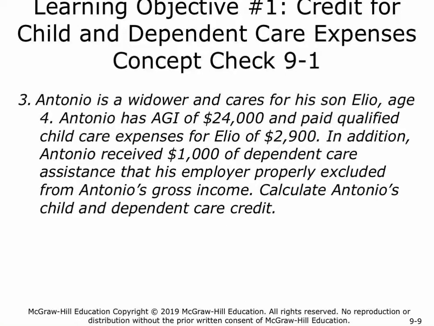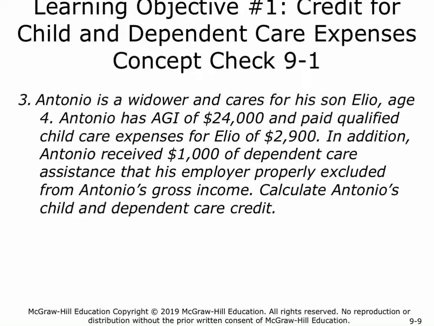So here with one dependent, the limit of $3,000 per child, or per dependent rather, would not apply because the expenses are under that amount. However, because there was additional amount received for the expenses, we would reduce the amount of qualified expenses by that amount. So here we'd take $2,900 minus the $1,000 already received to get an amount of $1,900 for qualified expenses.